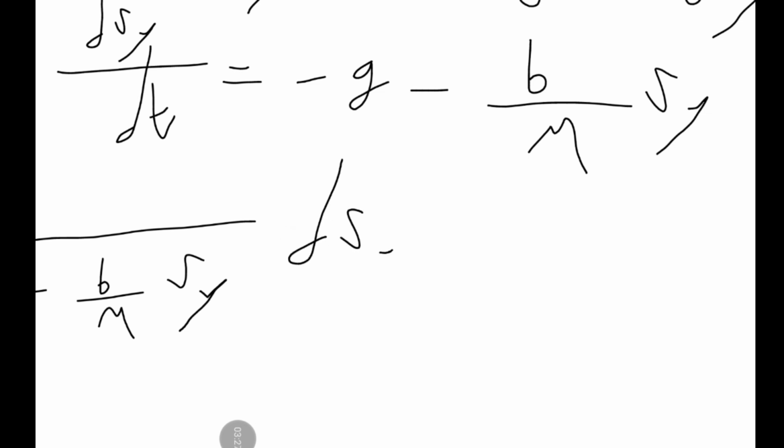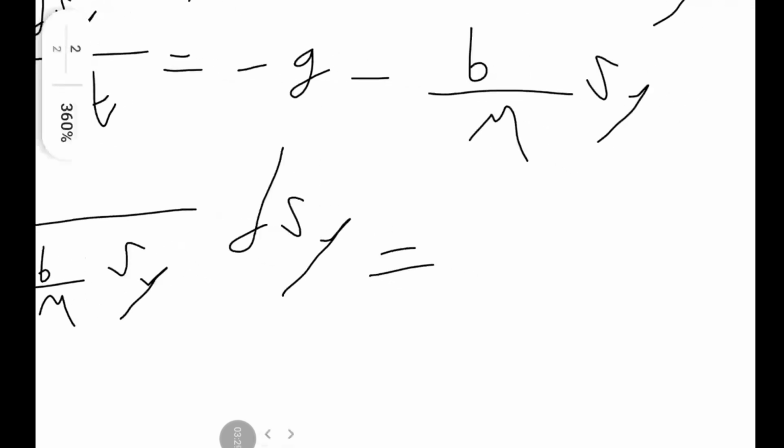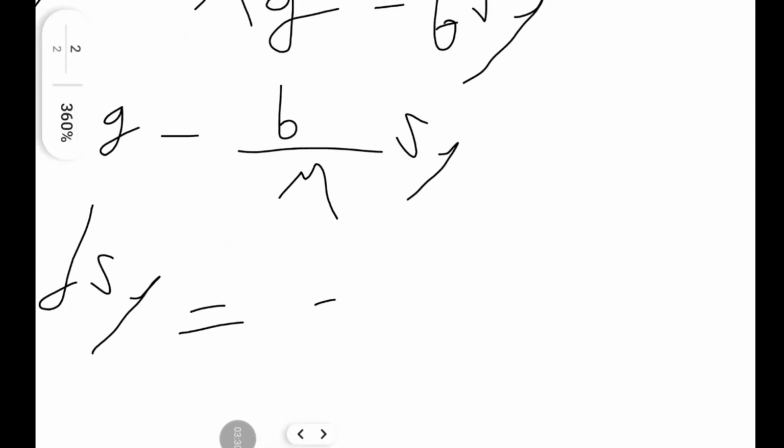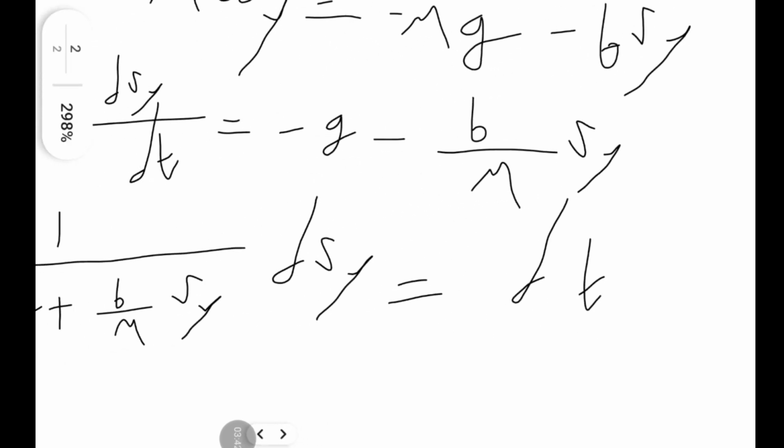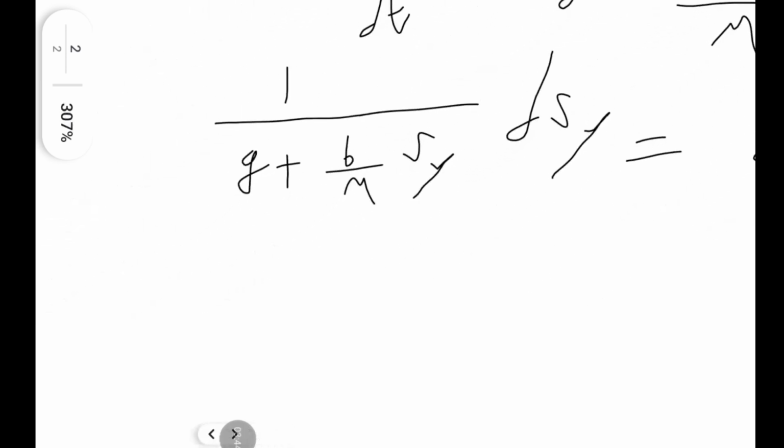That times dvy again is equal to minus 1 times dt. We're also separating the terms, so that's dt. As you can see, we've expanded out the terms for the calculus part. And now we integrate.